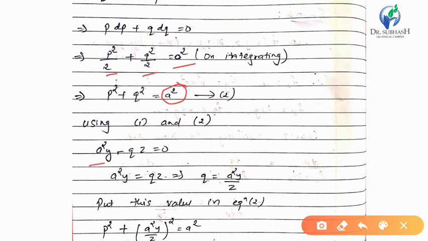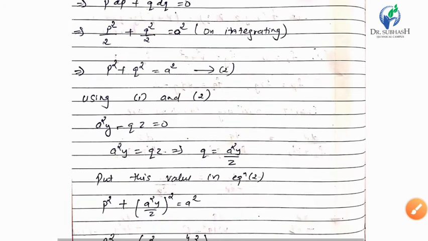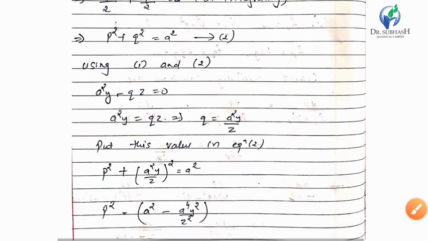So I get a square y minus qz equal to 0. So a square y will be equal to qz, which implies q equal to a square y upon z. Now I will put this value of q in equation 2. On putting the value of q in equation 2, I get p square plus a square y by z whole square equal to a square.